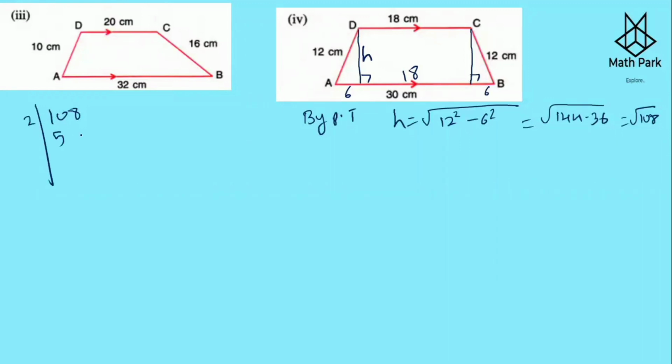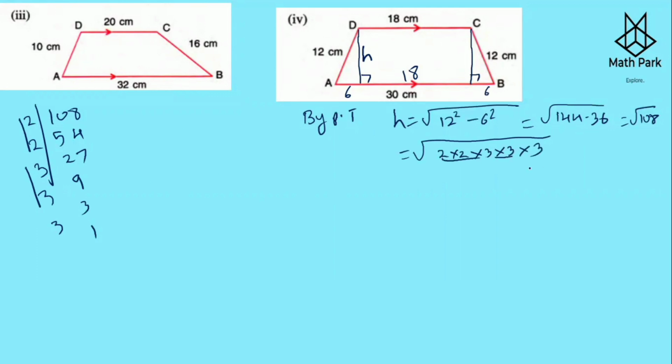So 2 twos are 4, 2 fifty-fours are 108, 2 27s are 54, 3 nines are 27, 3 threes are 9, and 3 ones are 3. So if I take under the root, this is 2 and this 3 and 3 has a pair and this does not. So square root of this is going to be root of 2 times 2 times 3 times 3 times 3. So 1 2 will come out and 1 3 will come out, and under root 3. So 3 twos are 6. 6 root 3 is the height.